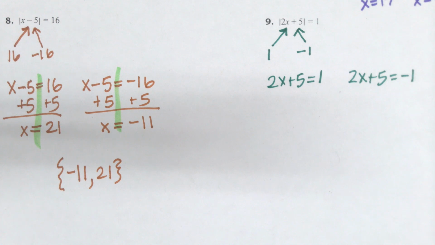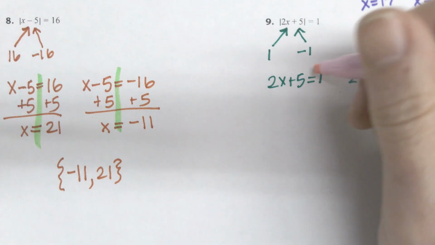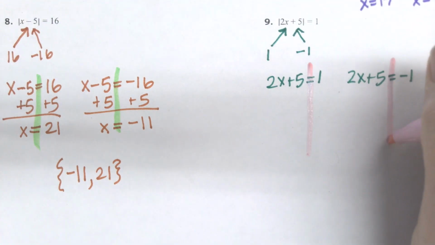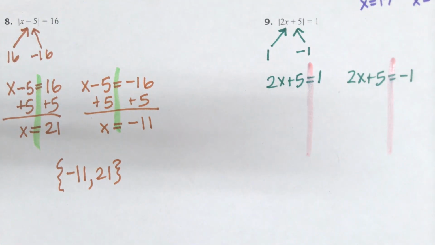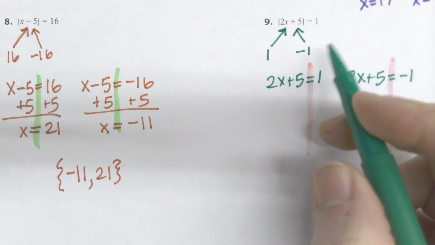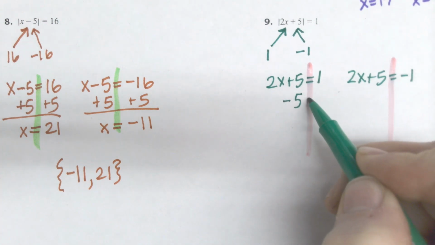Okay, so again, I've got two sides of an equal sign that I've got to work down, but I now have two-step problems where it's both added something and multiplied by something. So I start with undoing the addition, get rid of that 5.